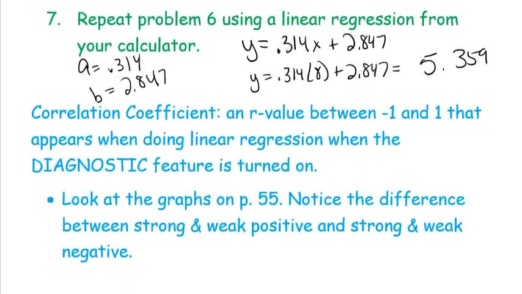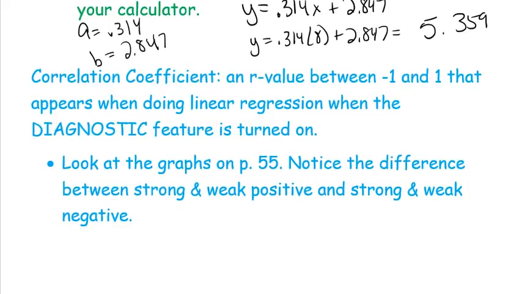Now, correlation coefficient is an R value that is between -1 and 1, and it appears when you're doing that linear regression that we just did. So if you saw A, B, and R, then you're good. If you didn't see the R, and I didn't see the R on mine, hit second 0, and then your catalog comes up, and you want to scroll down until you get to diagnostic, and you can shortcut it by hitting that green D button, and scroll down till you get to diagnostic on.